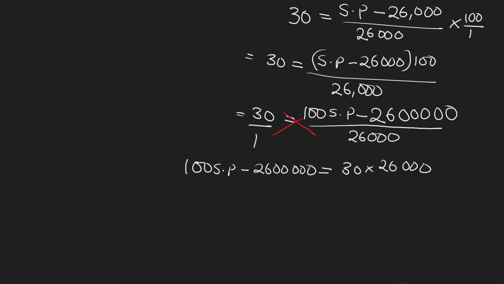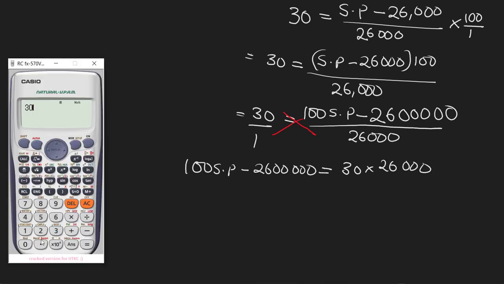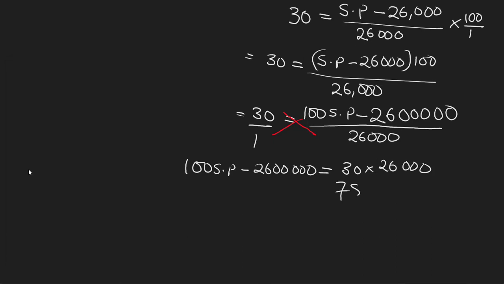26,000. So let's use a calculator. 30 times 26,000 is 780,000. So 780,000 is equal to our 100 SP minus 2,600,000.